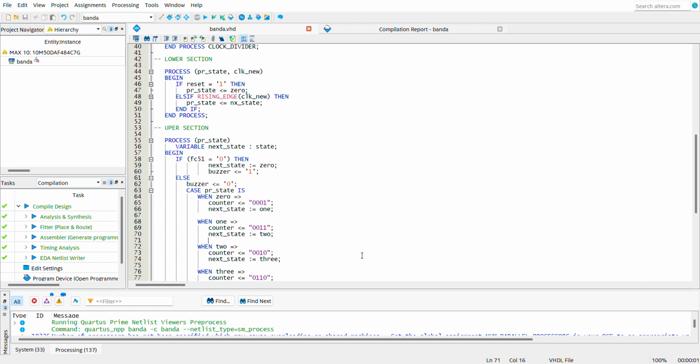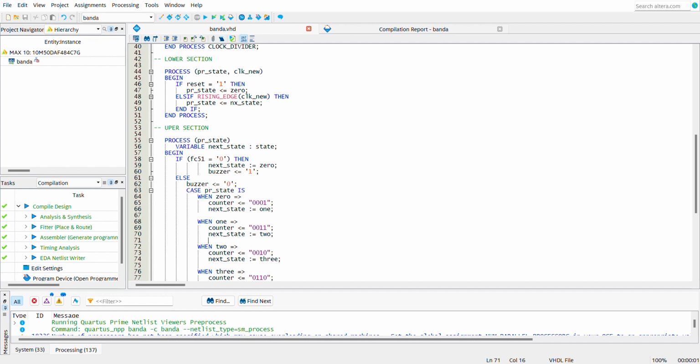If the FC51 or the sensor is low, the state machine resets to 0 state and the buzzer is active. So it will be a buzzer or a LED. In this case it's a buzzer, but you can put a LED. So if the buzzer is set to 1, it means that the FC51 is low, but if the FC51 is high, the buzzer is deactivated and the band will move.